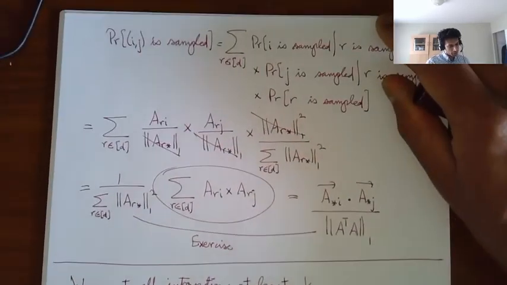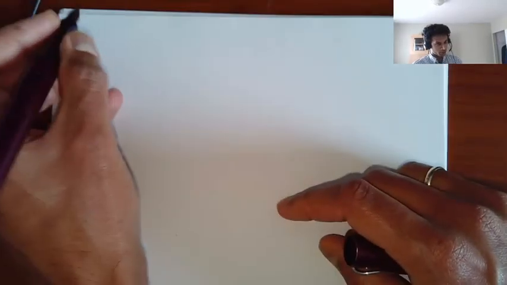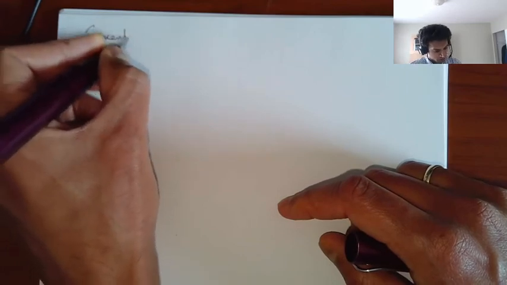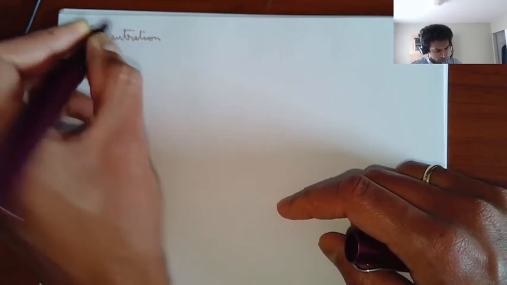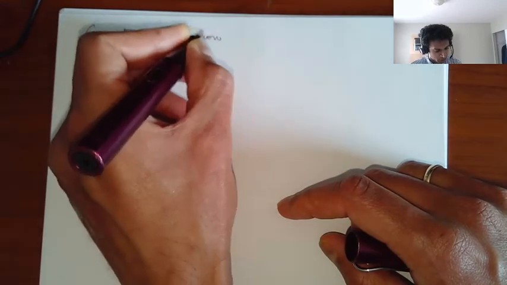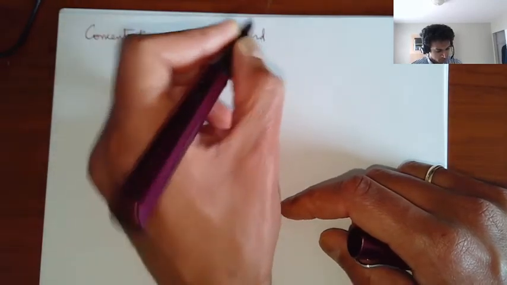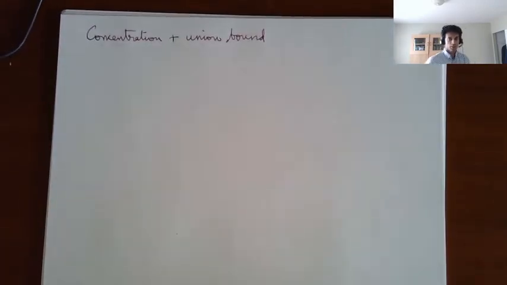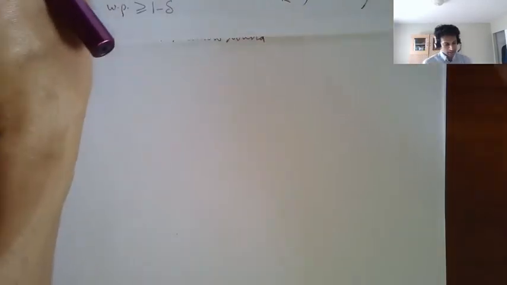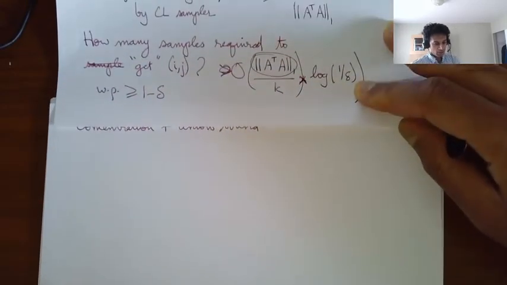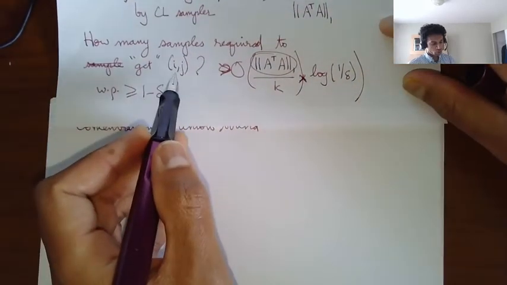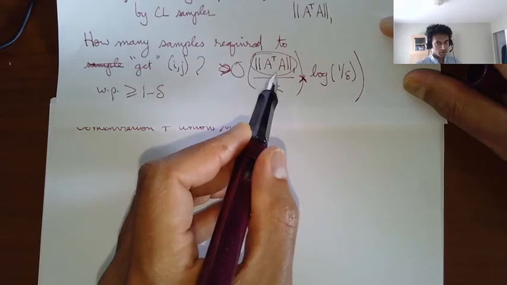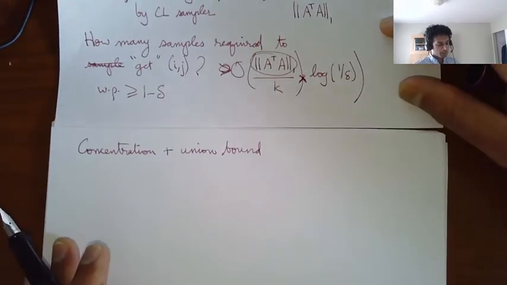Okay, now we have to be a little careful, and we are now going to do an extremely common and powerful argument, which is the concentration plus union bound. Very, very common and powerful argument. So what we said is the number of samples to get a specific pair is this much. How many pairs are there?